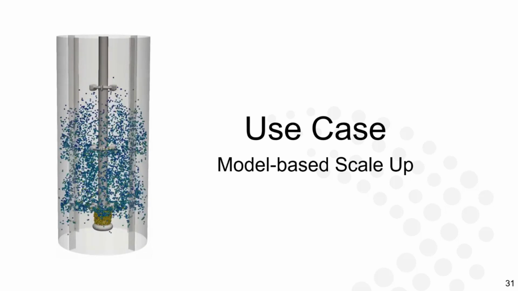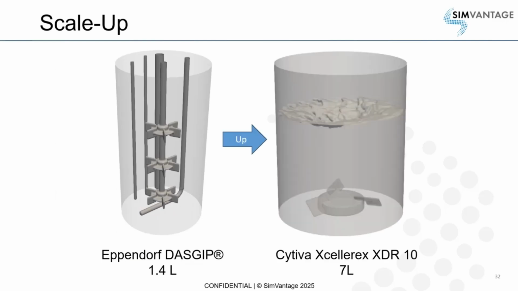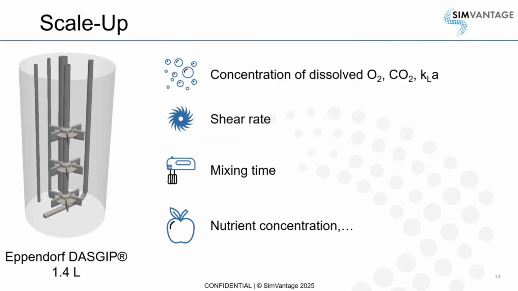The last use case I would like to show you is model-based scale-up. I would like to give you a simple example: scaling up from the Eppendorf DASGIP to the Cytiva XDR10. This is only a very small scale-up. You can also do larger steps, to a 100-liter reactor, for example.